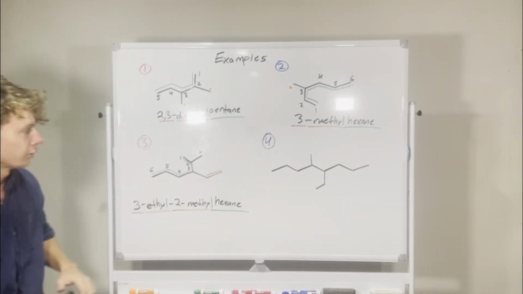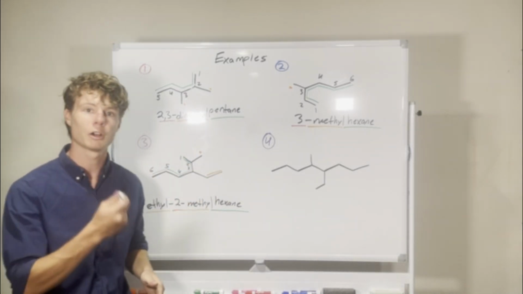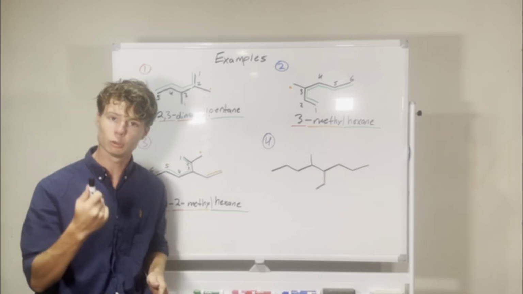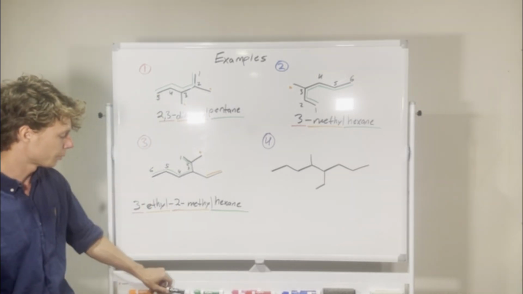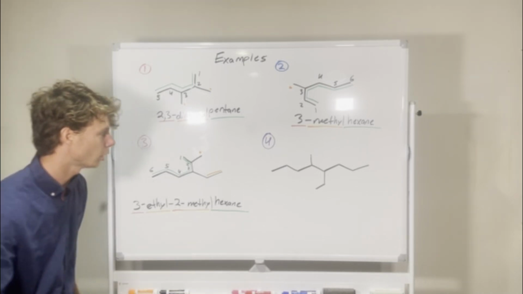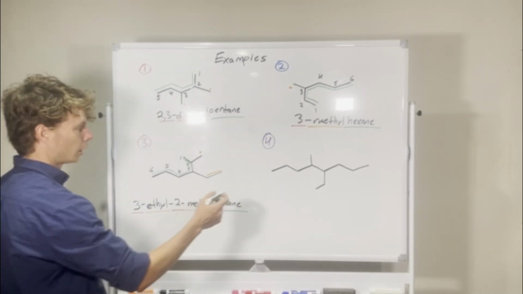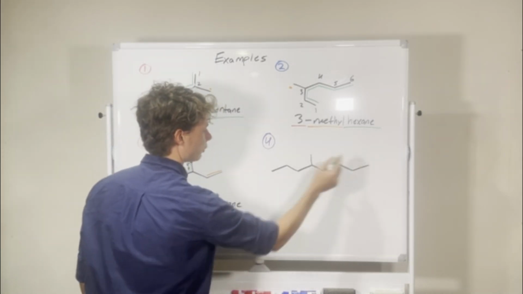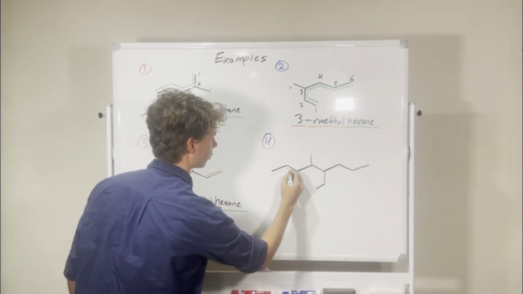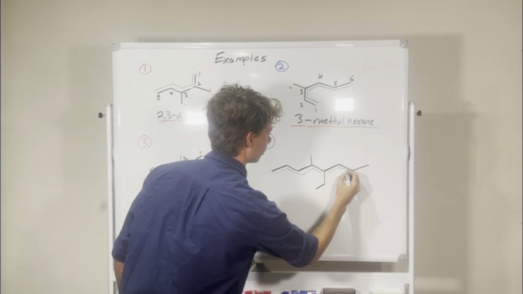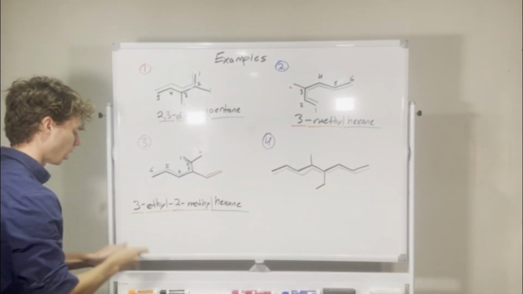Let's get some more practice here with number 4. Try it on your own. Follow the steps, use the chart if you need to. Longest carbon chain here. We'll do this one quick. Longest carbon chain: 1, 2, 3, 4, 5, 6, 1, 2, 3, 4, 5, 6, 7, 8. This is going to be my longest carbon chain right there. 8 carbons.